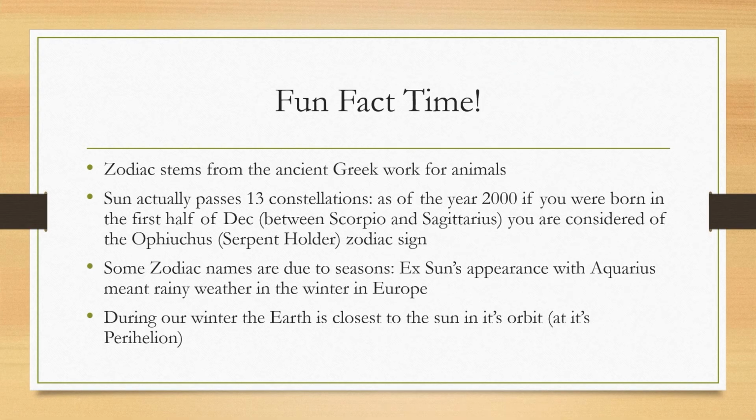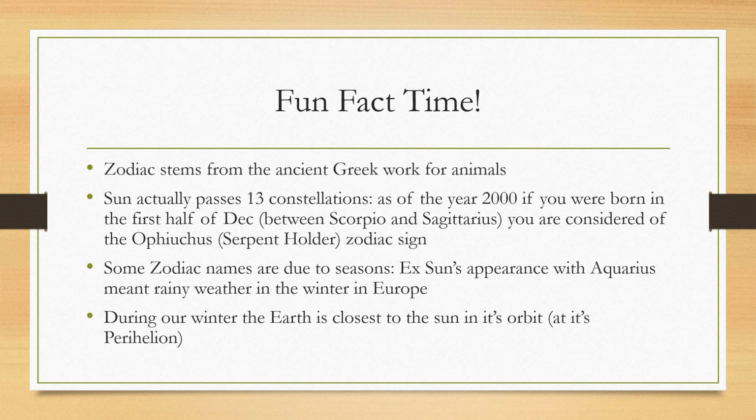Fun fact time. Zodiac stems from the ancient Greek word for animals. The sun actually passes 13 constellations, and as of the year 2000, if you were born in the first half of December between Scorpio and Sagittarius, you are actually considered of the Ophiuchus, or the serpent holder, zodiac sign. So why wasn't Ophiuchus part of the original zodiac?